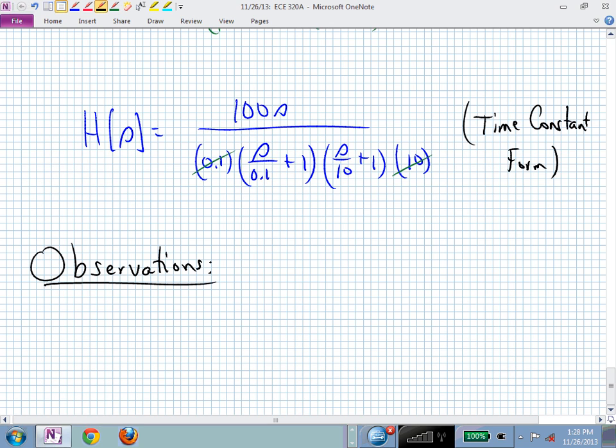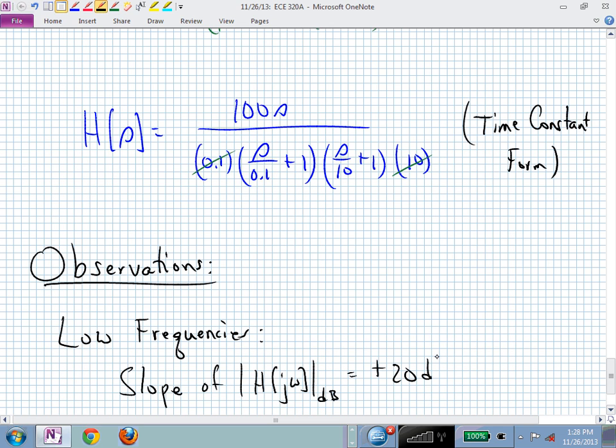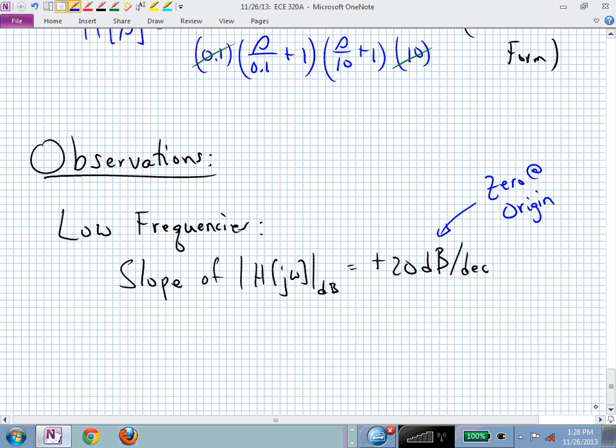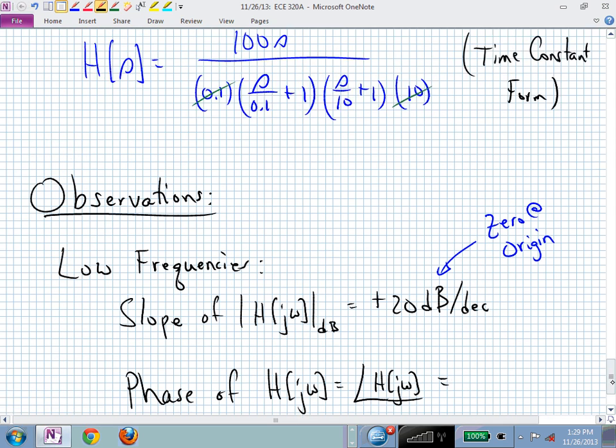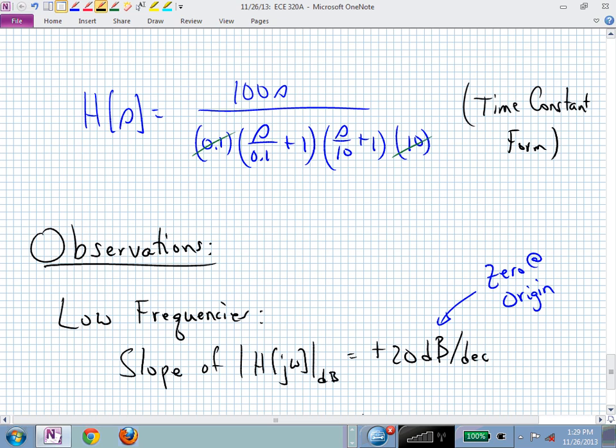What's the phase at low frequencies? Can you tell me?